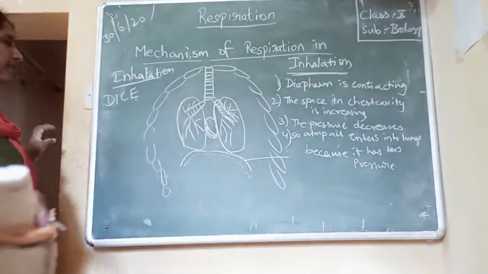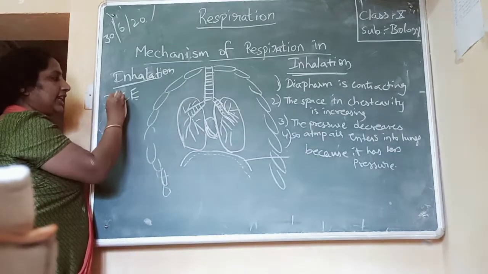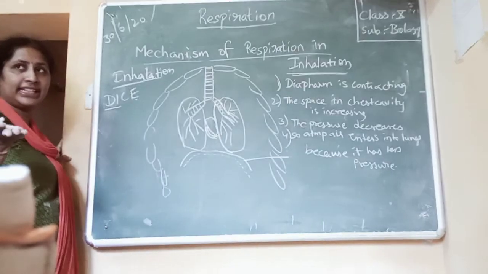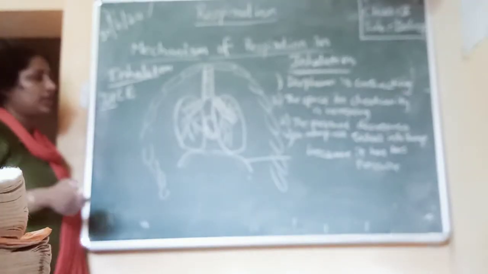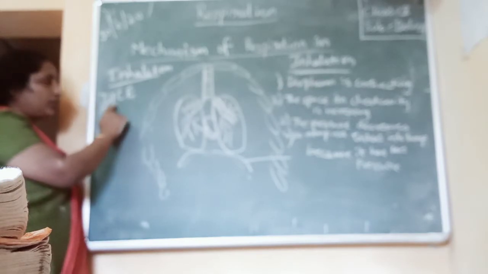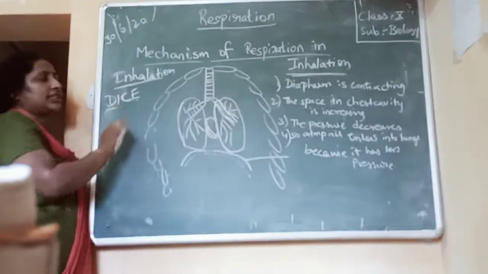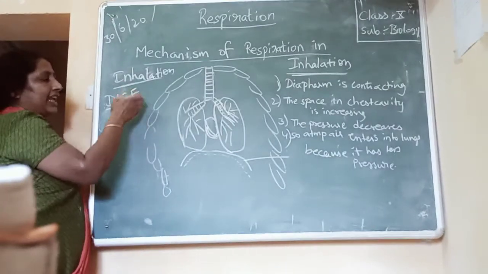So you need to remember, I have given a code word. You know the dice where you are playing snakes and ladders, you throw dice. So just remember the word dice. Diaphragm during inhalation contracts. C is contracts. And the chest cavity expands.